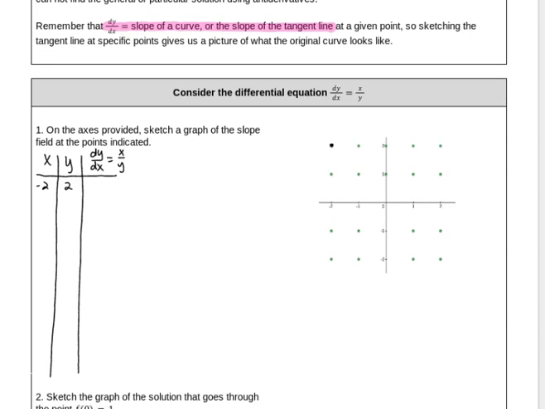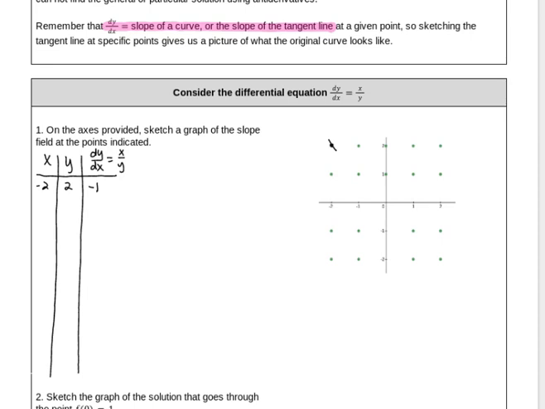If I plug that into my differential equation, I've got -2 over 2, which gives me a -1. What that tells me is the slope of the tangent line at that point is -1. So I'm going to go to that point and draw myself just a little line through this point that looks like that, and that has a slope of -1.